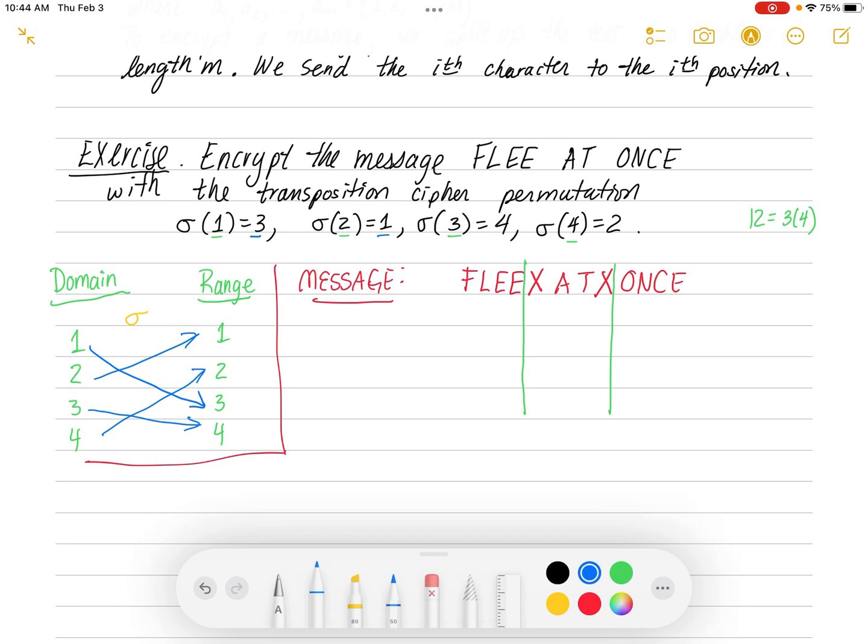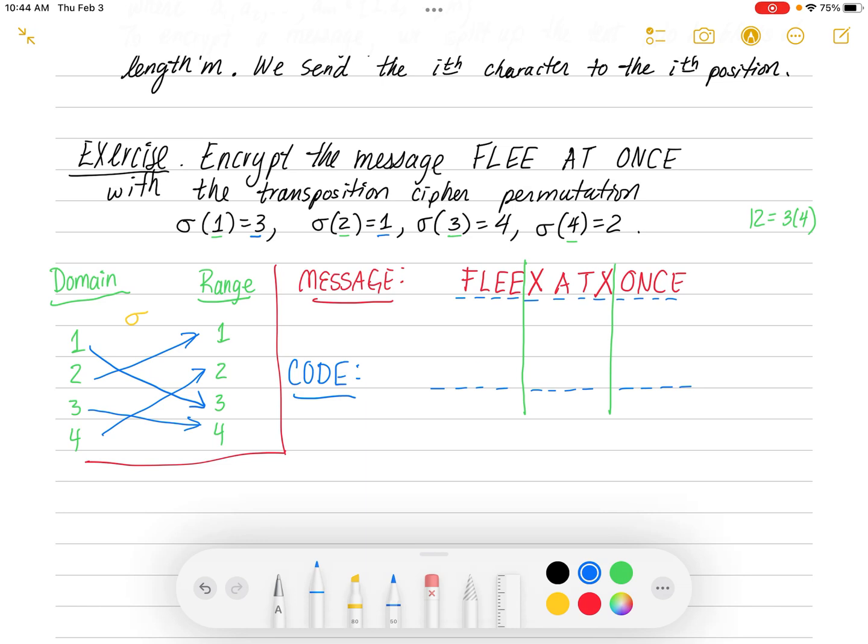So now we're going to perform the transposition. So I want my code over here. So we got 1, 2, 3, 4 spaces for each of these. 1, 2, 3, 4, 1, 2, 3, 4 for each block. So we're going to have the code here. The permutation tells us that sigma of 1 is 3.